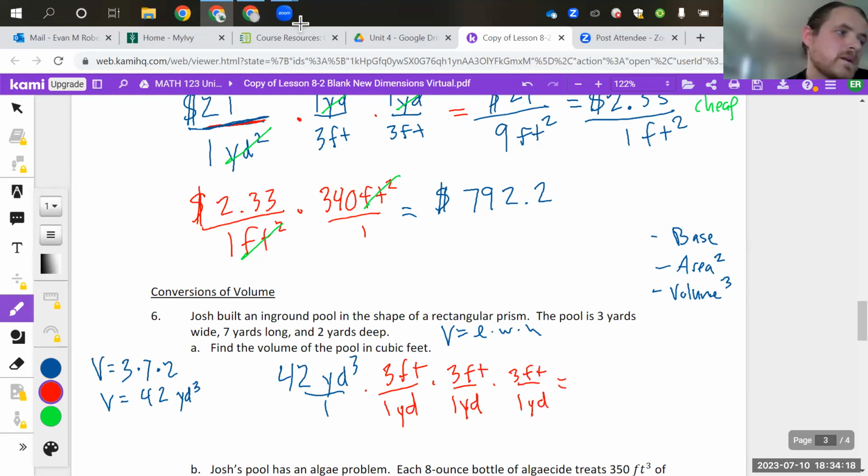Again, we've got yard to the third, yard, yard, yard. So you're left with feet to the third power, ending up with 1,134 feet to the third power, or feet cubed. So that's our volume.